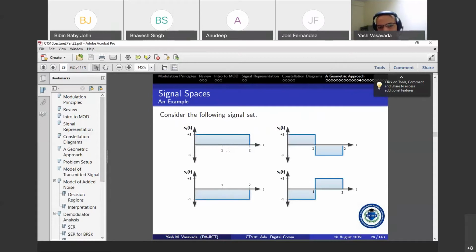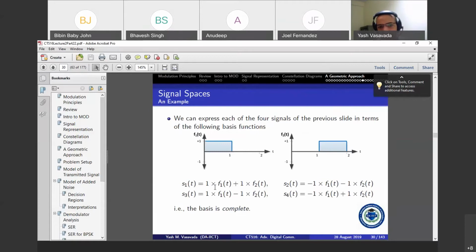We said that if I have a symbol set which looks like this, with 4 particular symbol waveforms, then I can consider 2 orthonormal basis functions, which are these 2 square pulses, and write these 4 symbol waveforms as coordinates defined over this basis function set.